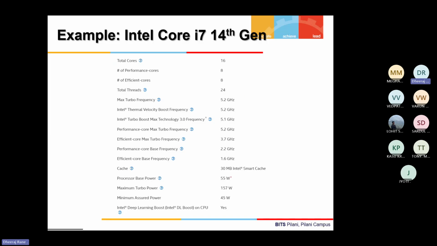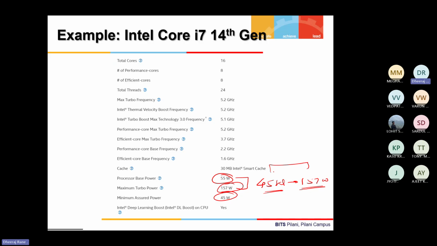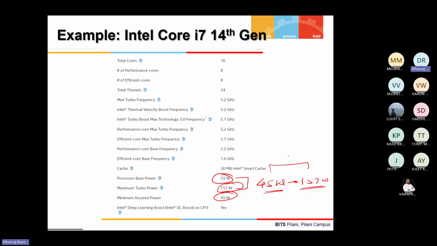If you see, the base power is 55 watt. The turbo power is 157 watt. And the minimum assured power is 45 watt. So what you can derive out of it is that your power will vary from 45 watt to 157 watt, right? Altogether, even if the processor runs at full speed, it will not be more than thrice.